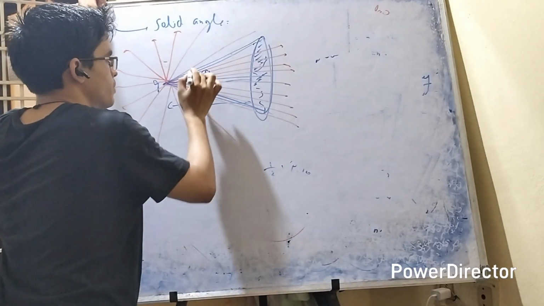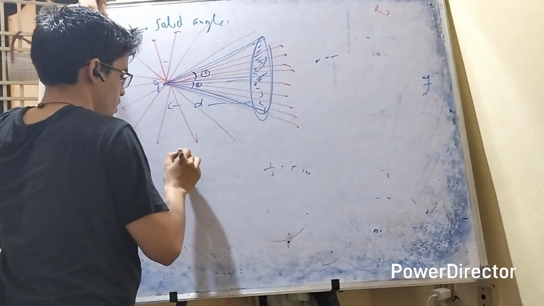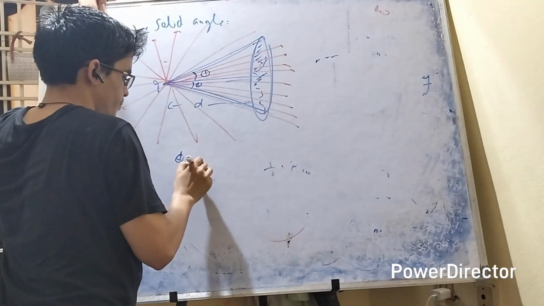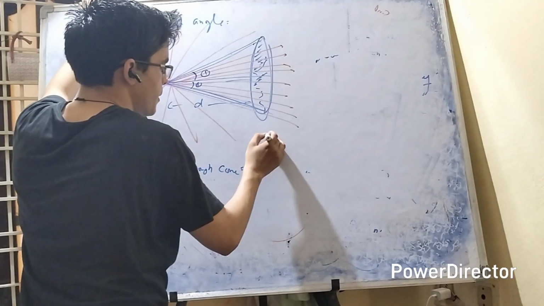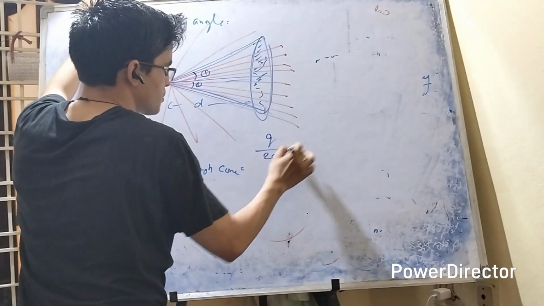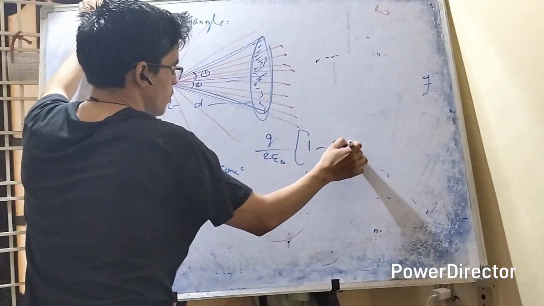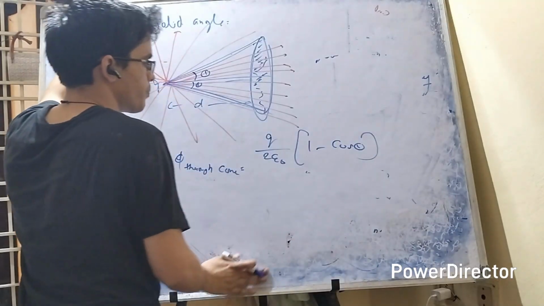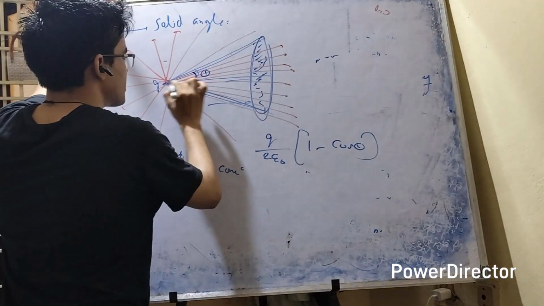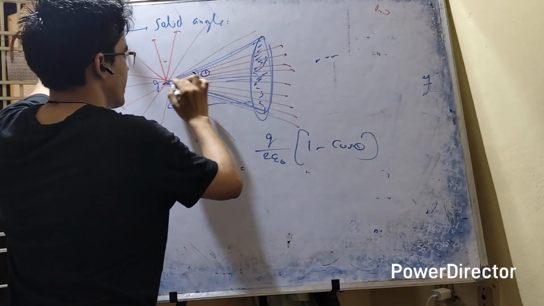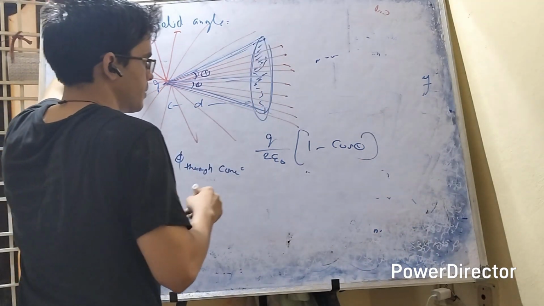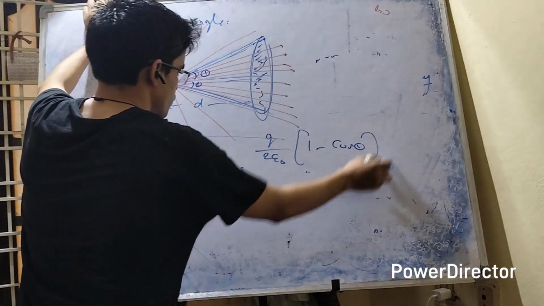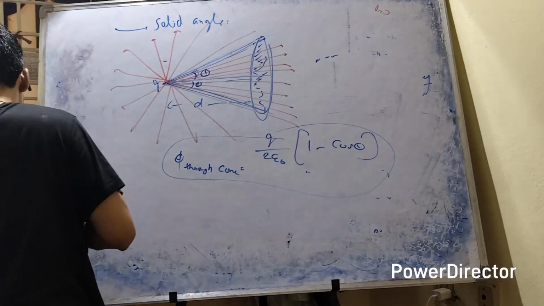Here charge q, suppose the angle is theta. So flux through the cone equals q by 2 epsilon naught times (1 minus cos theta). Correct? What is cos theta? The angle subtended with the horizontal axis and the circumference line. So this is the flux through a cone.